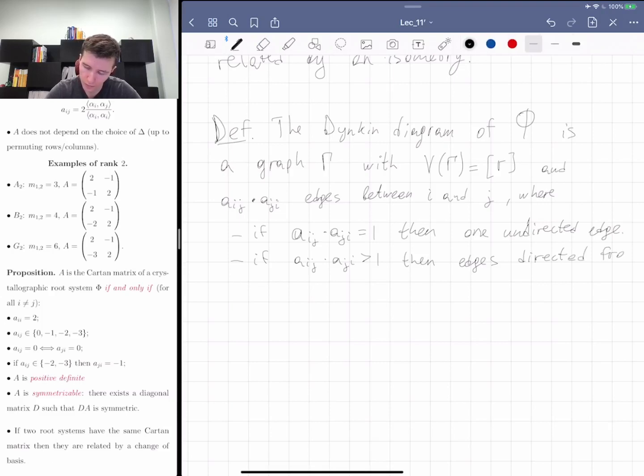I need to choose a direction: directed from i to j, where the root alpha i is longer than the root alpha j. Or in other words, where a_ij, the entry in row i, is smaller than the entry in row j, I think.